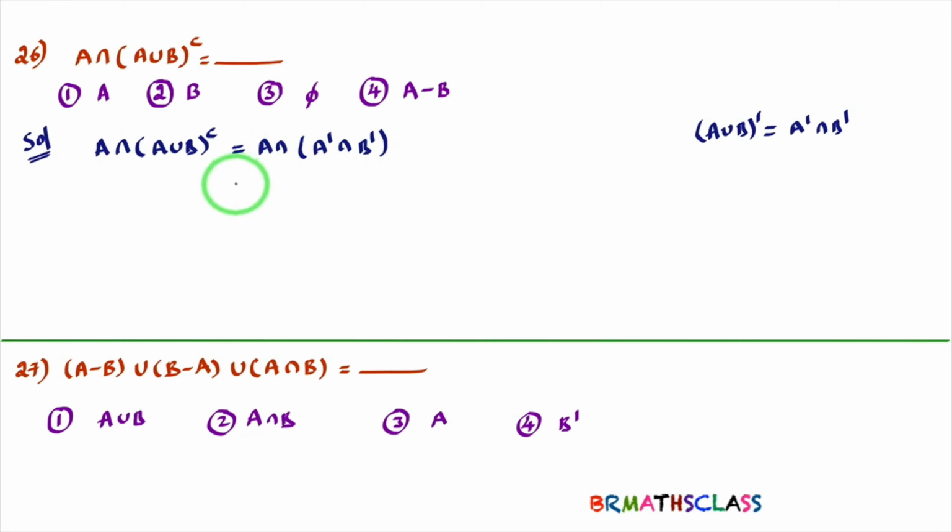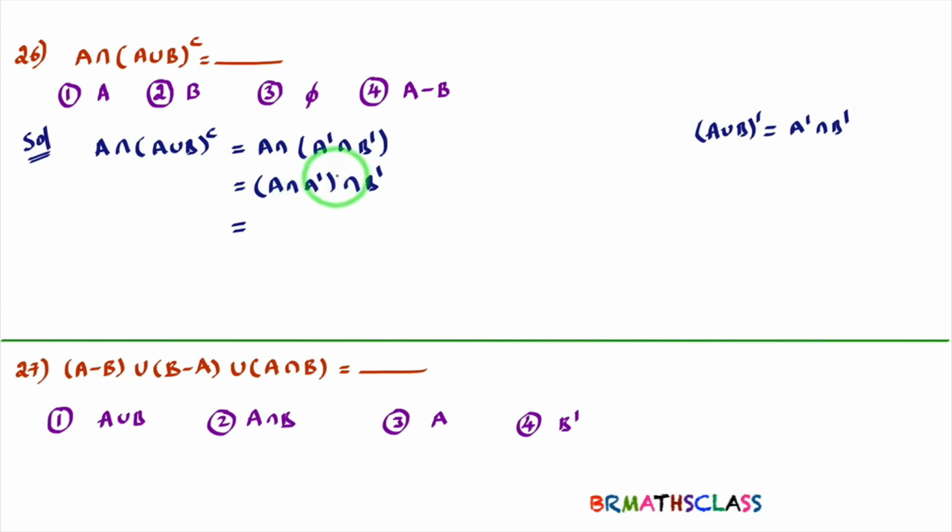We know that in sets the associative law holds good. So this can be written as A intersection A dash intersection B dash. Okay. A intersection A dash. What is A intersection A dash? A means we know it is set A. A dash generally means not A. Try to understand.